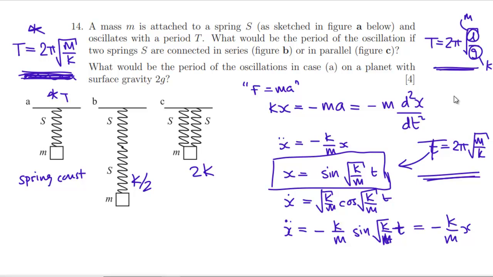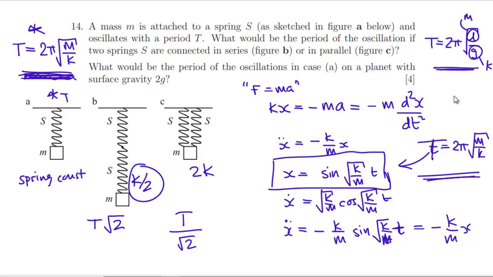In this other case, it's going to be the opposite, because we're going to get half the extension for the same force. We can see that the period is inversely proportional to the square root of the spring constant. So in this case, T is going to multiply by the square root of 2, and here it is going to divide by the square root of 2. That's just plugging in this new spring constant into here.